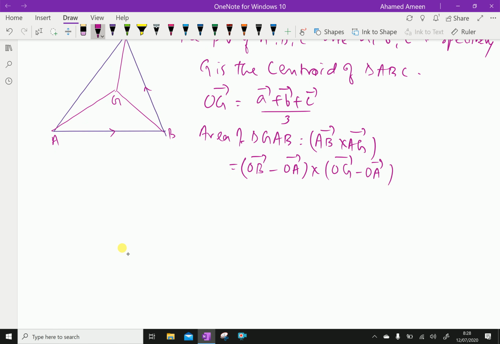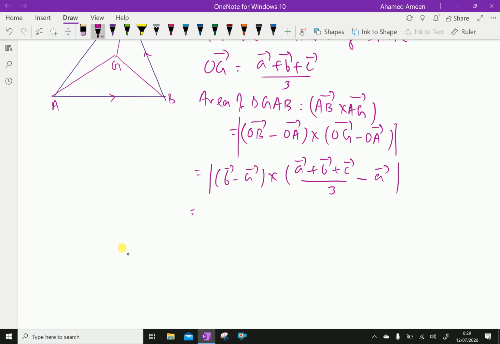Therefore we can say it is vector B minus vector A cross (A plus B plus C by 3 minus vector A), equal to vector B minus vector A cross, here A plus B plus C is there, 3 is cross multiplied here, that is 3 minus 3A, so it becomes minus 2A.